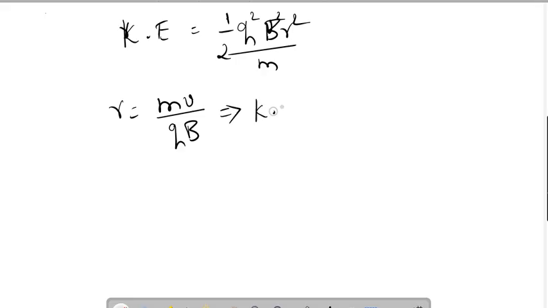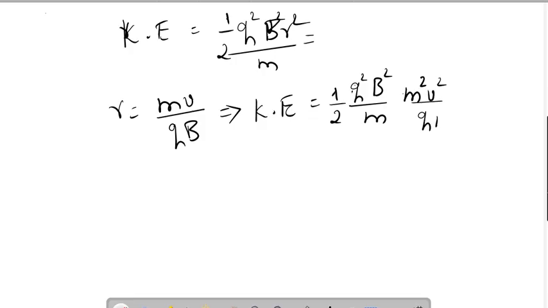If you substitute in the kinetic energy, we will get half q square B square times m square v square divided by q square B square, where mv is equal to p, momentum.